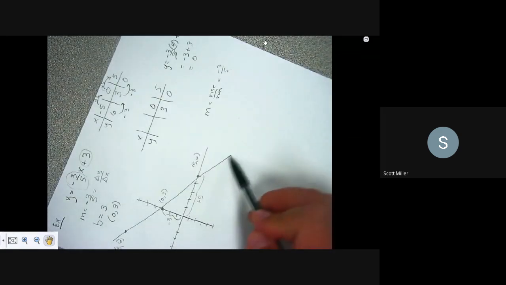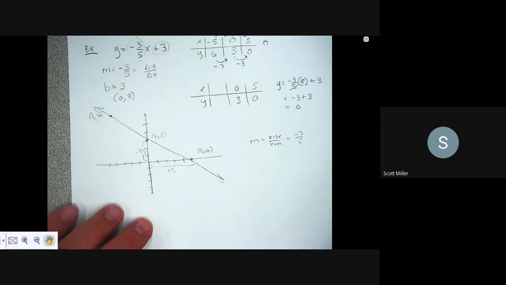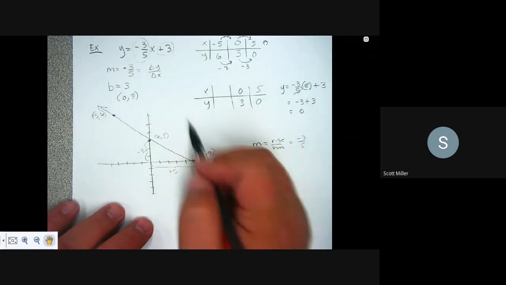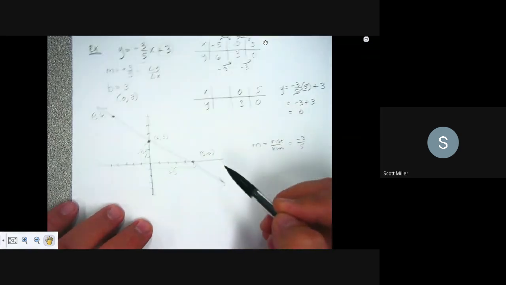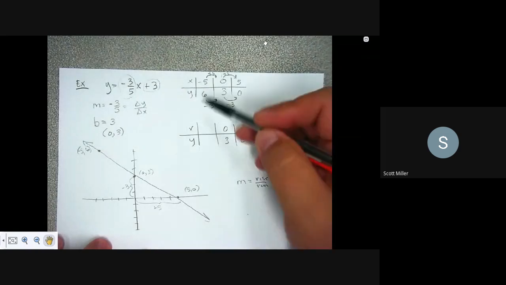And they all line up. If they all line up in our line, 3 points to check. 2 to draw, 3 to check. If they all line up, you know you got it right. And so that's how you can do rise over run to find points. That's how I can do plug in 0, either one.